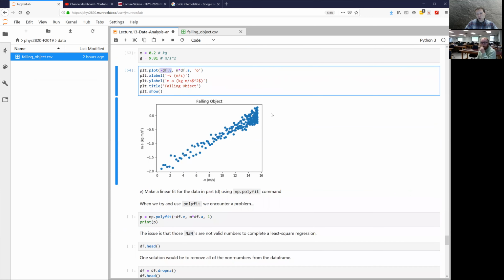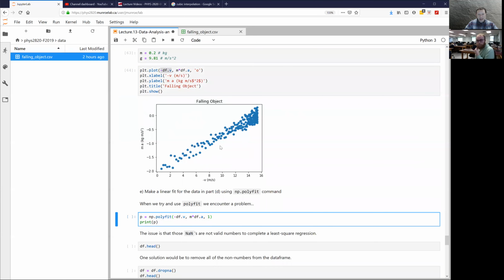If they don't give you a straight line, it means you have a poor physical model. You haven't understood the physics of what you're doing before. But it does appear to be mostly a straight line, and I want to figure out its slope. How would I figure out its slope? Well, a quick and easy tool is just use polyfit. Given this data, where minus v is on the horizontal and m times a is on the vertical, tell me what the coefficients are.